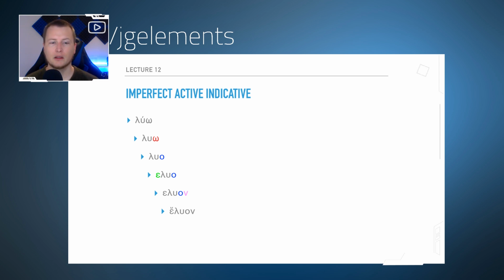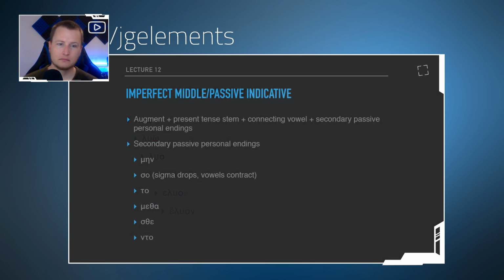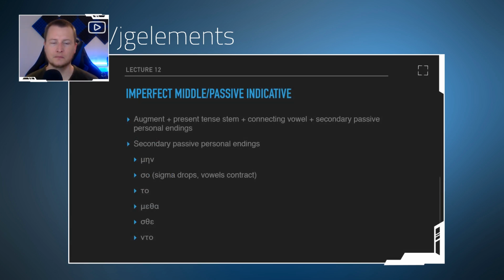Okay? So, elyon. So that's how we form the imperfect. You find the stem, you add the augment, add the connecting vowel, add the secondary personal ending. So that's for the active.